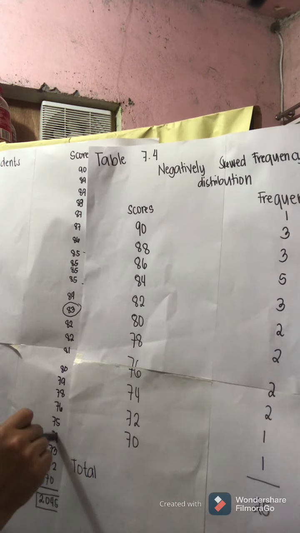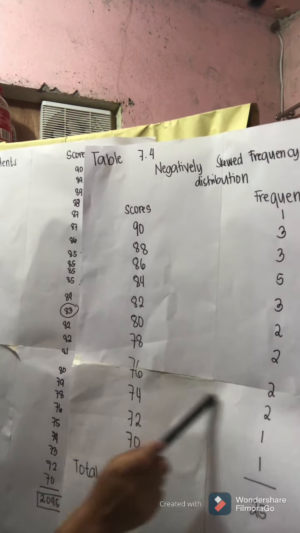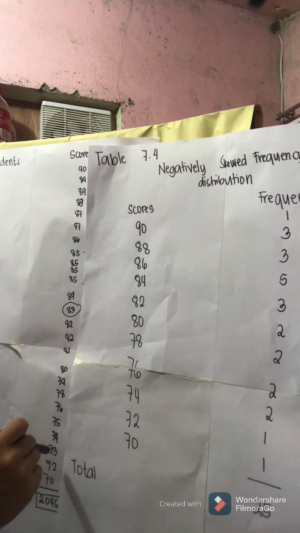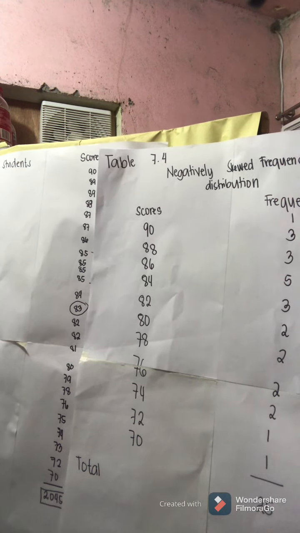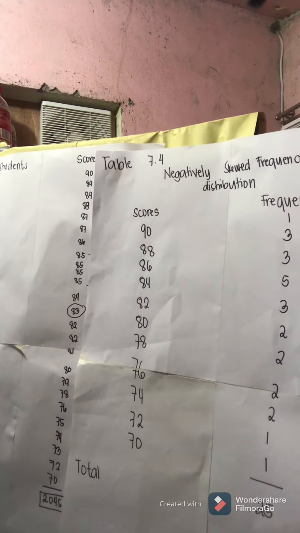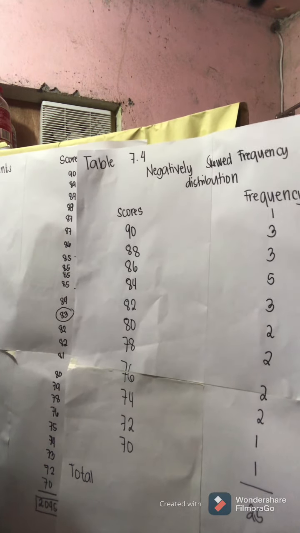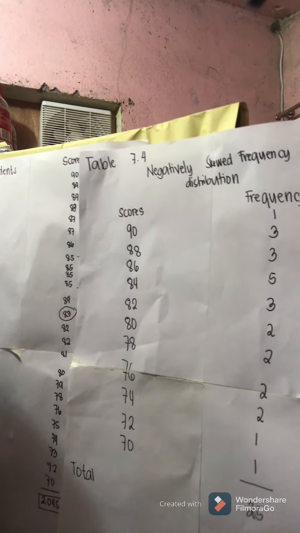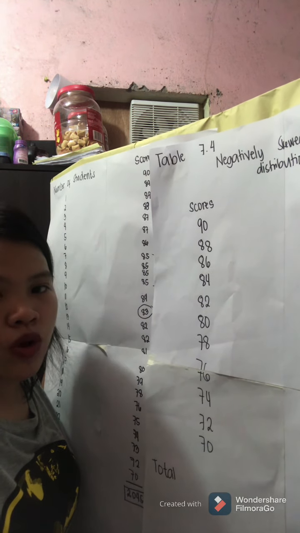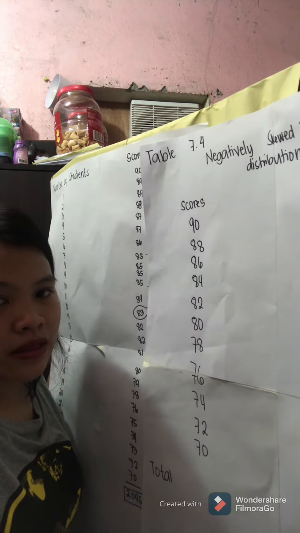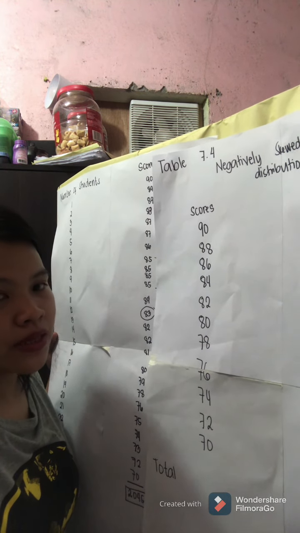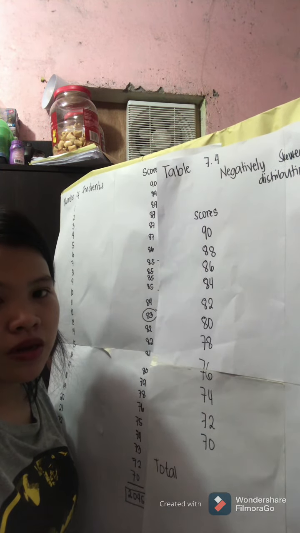In the 74 and 75, we have also 2 students. In the 72 to 73, we have 1 student. And in the 70, we have also 1 student. So this is how we're going to get the frequency. Let's proceed to the line graph.